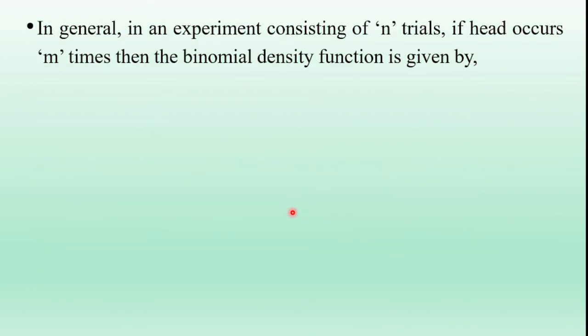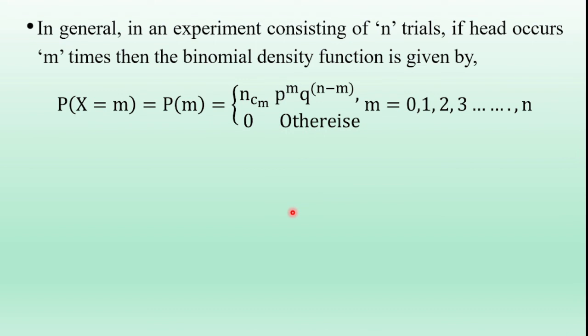In general, in an experiment consisting of small n trials, if head occurs small m times, then the binomial density function is given by probability of X equal to m, or p of m, equal to nCm into p power m q power n minus m for m equal to 0, 1, 2, 3 and so on up to n, and p of m is equal to 0 otherwise. This is the equation of the binomial density function in an experiment consisting of n independent trials if head occurs m times.